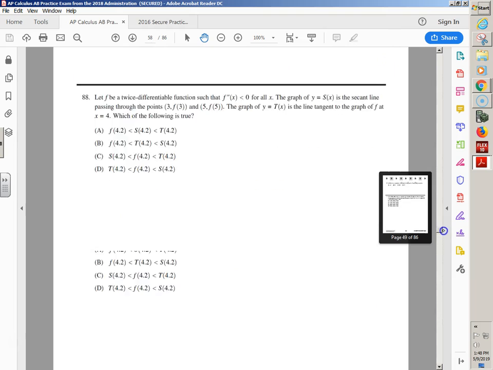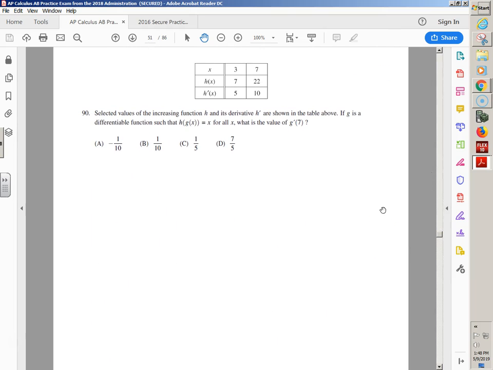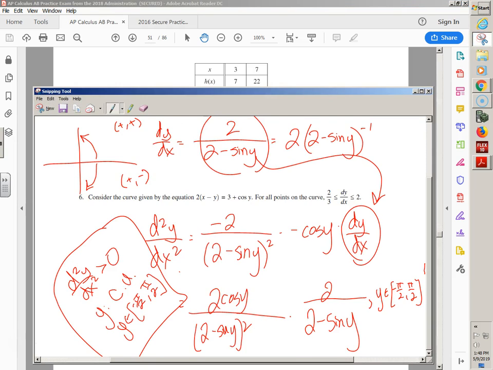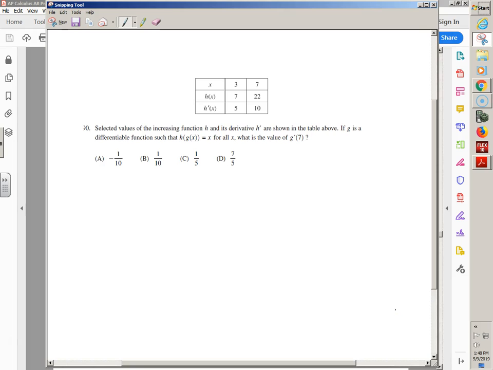That's a calculator section, so maybe we get to use it or should use it. Maybe we shouldn't. I don't think we need our calculator. Number 90. Do you guys see some calculus in there? They give me a table, but then they say selected values of the increasing function h. I think they're giving me a clue. Oh, my smartboard sucks.